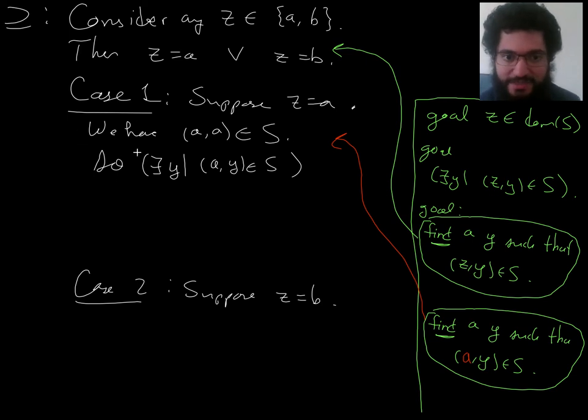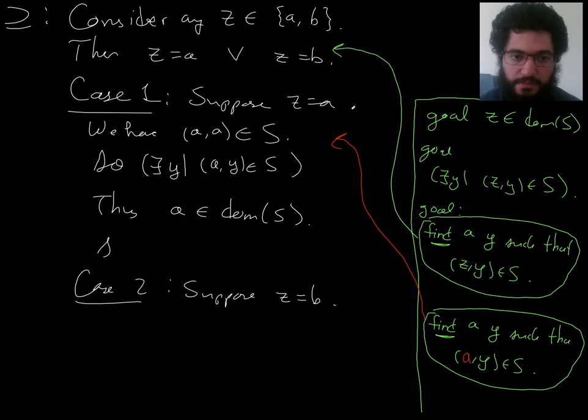Find an example of a y where it works. So here we found the right one. So this is e.g. Okay. Thus, by axiom 5, this is what it means to say that A is in the domain of S. So Z, which is A, is in the domain of S.